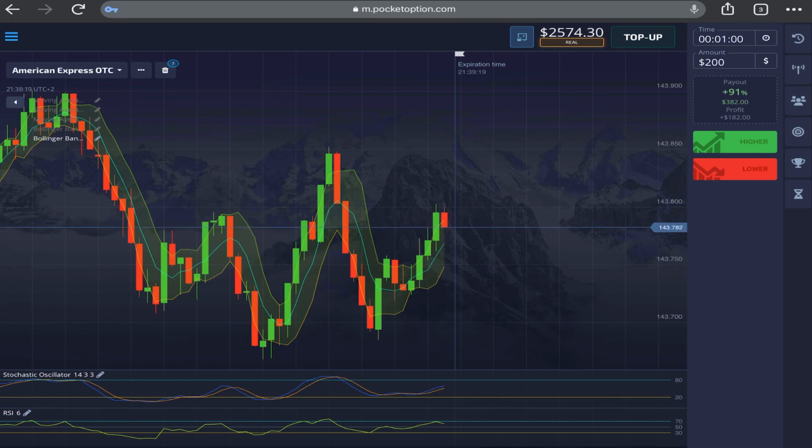But if you don't use a good strategy, don't use a good platform or interface with your broker, and trade with more than 10% of your balance, you're going to end up overtrading and burn your account quickly. So my advice is to follow these 4 steps to be a reliable trader, and you're going to have better results in your trades in the future.